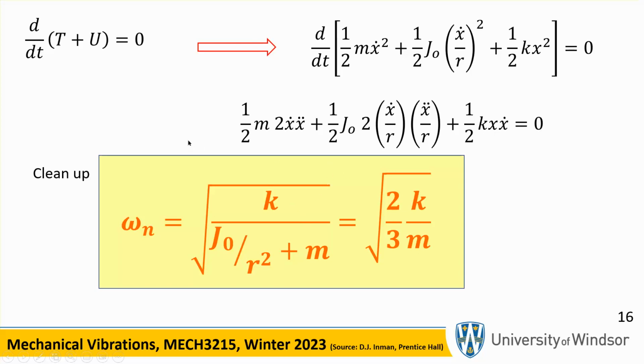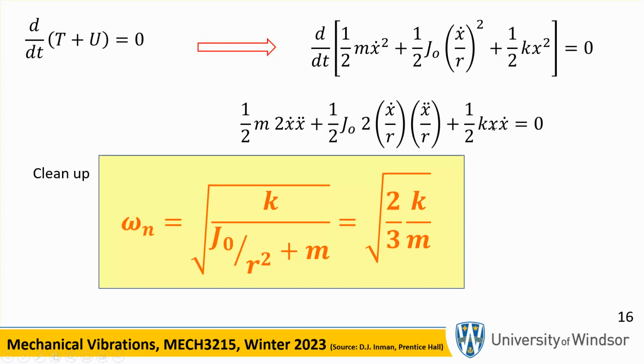Let me see, when you clean this up, in other words, combine these two, well, first of all, you divide through by x dot. x dot, x dot, x dot, they go. And realizing there is a 2 here, clean it up. The things that involve x double dot, lump them together.